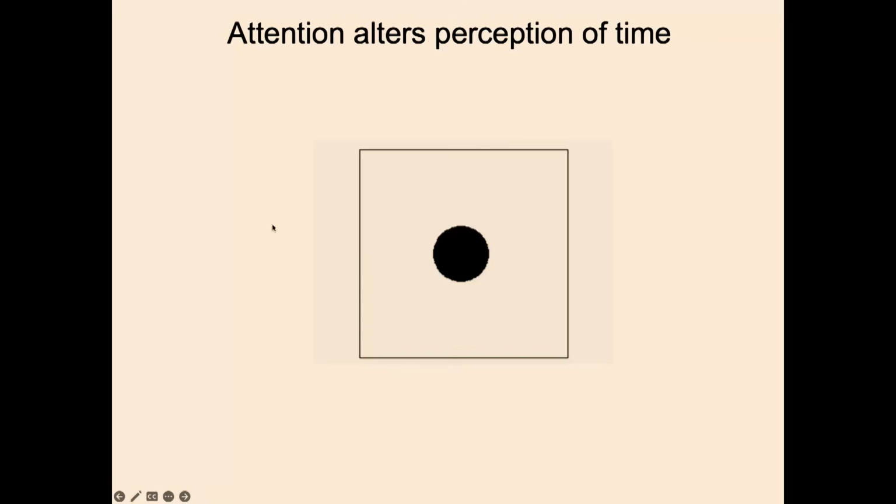So each of the disks is up for the same amount of time, okay? And the one that expands is also up for the same amount of time. But people normally say that it looks like maybe 50% longer or something like that, right? Okay. So you can actually measure this.